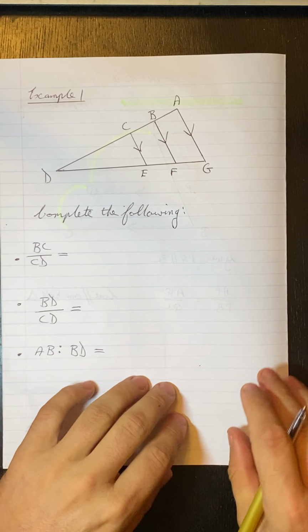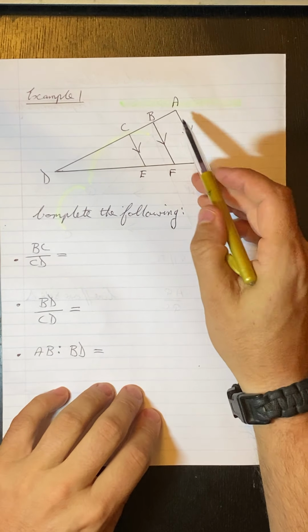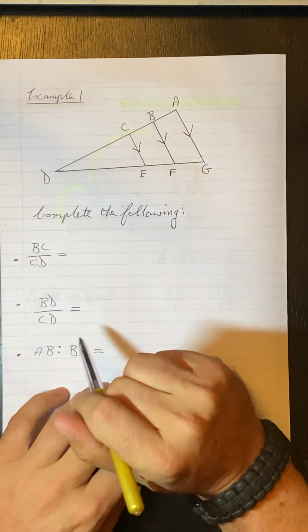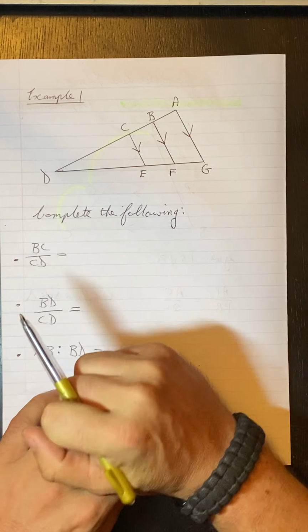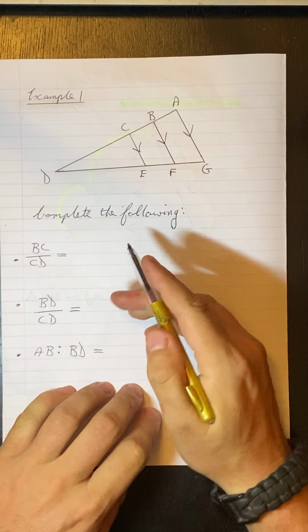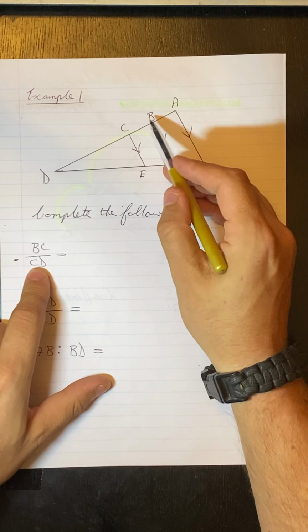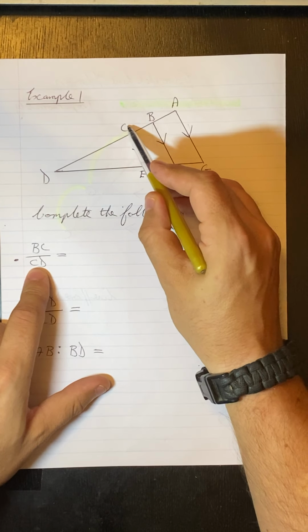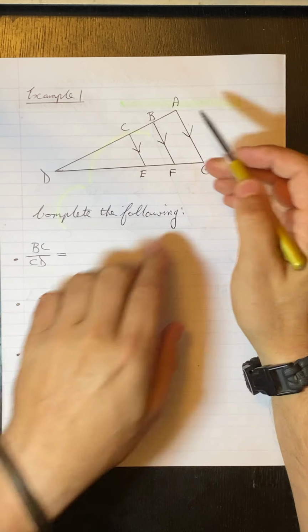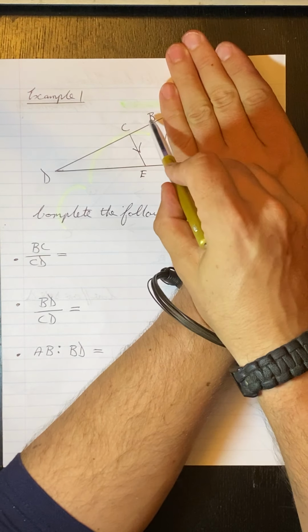All right, so we've got our main triangle here, this ADG triangle, and then we have a few parallel lines going on there. Okay, so they're asking us BC to CD. We can ignore that part and just have a look here.